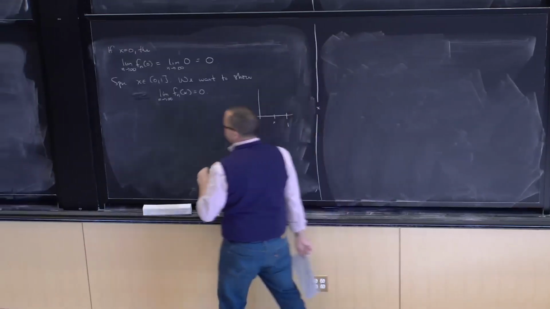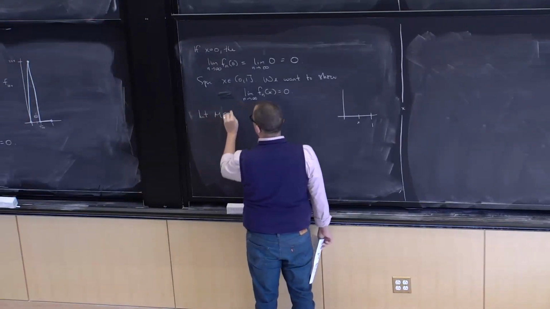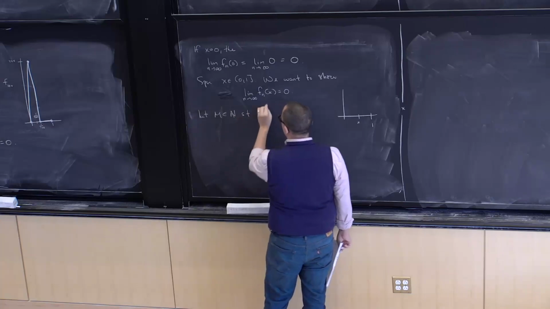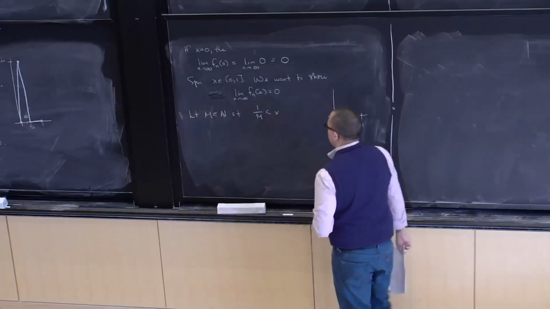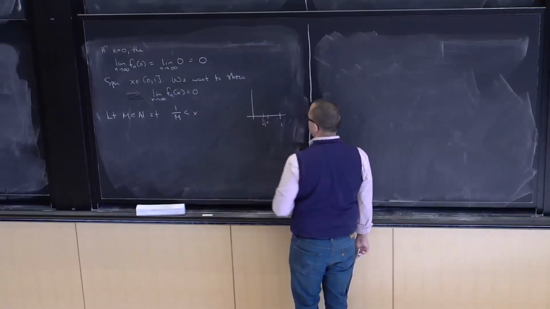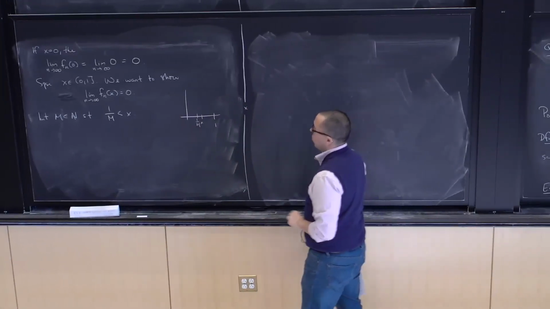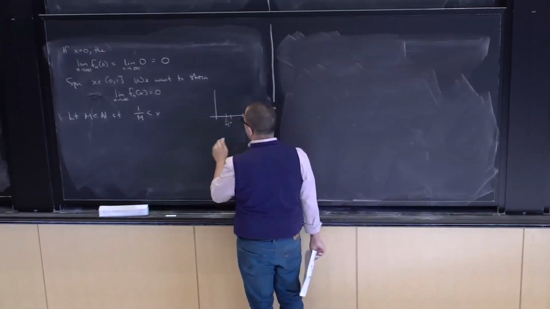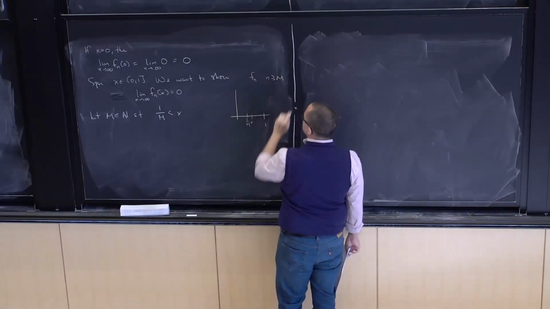Now let's choose a very large integer M so that 1 over M is less than x. So here's 1 over M strictly to the left of x. Now, what does the graph of fn of x look like for n bigger than or equal to M?